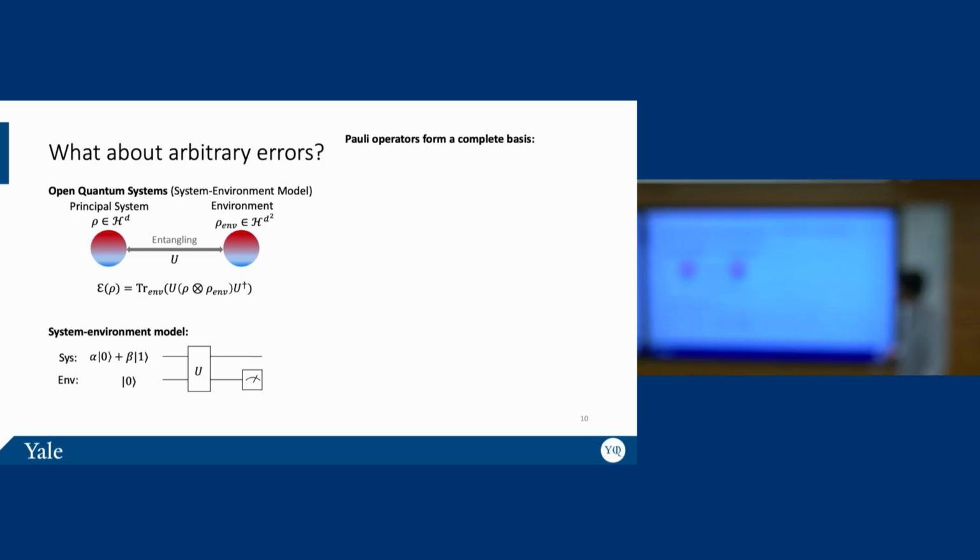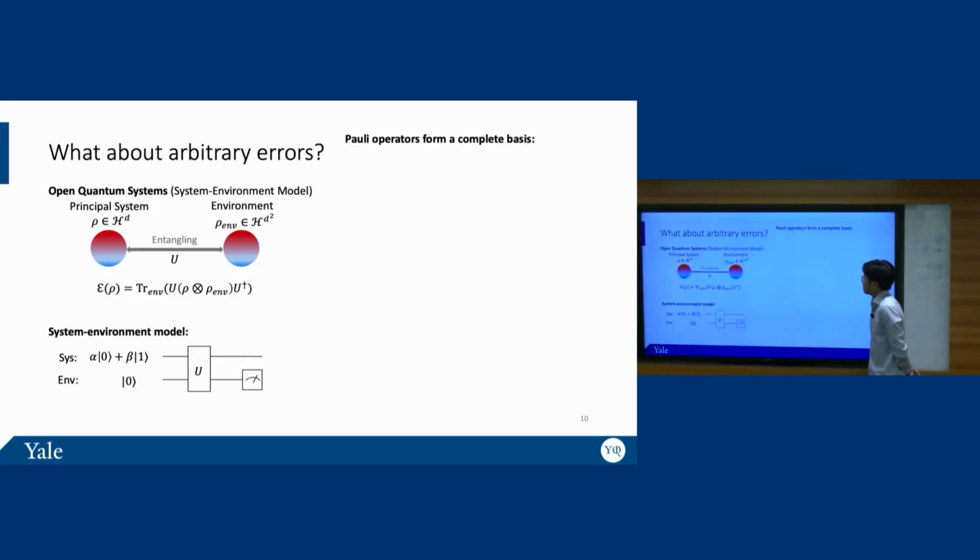And the nice thing about this model is that it allows us to understand why Pauli operators form a complete basis. So they are sufficient for us to understand how to correct. So it's sufficient to understand how to correct Pauli type of errors so that they can be generalized to generic errors.